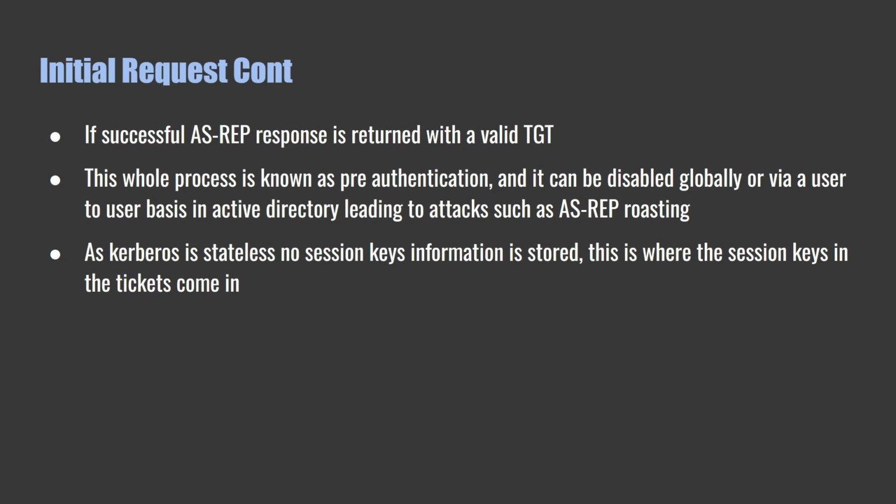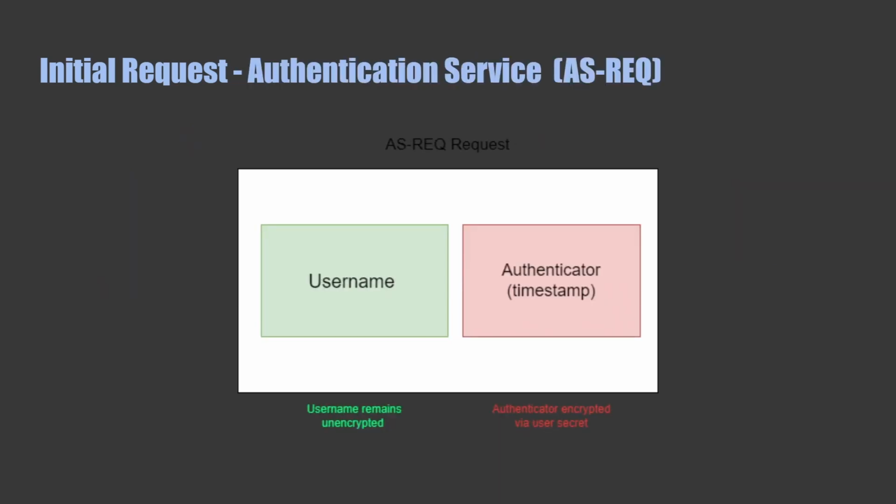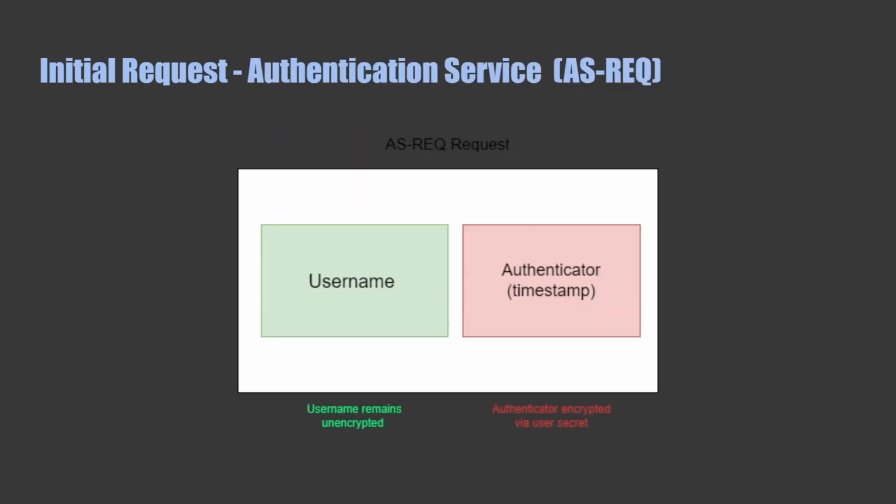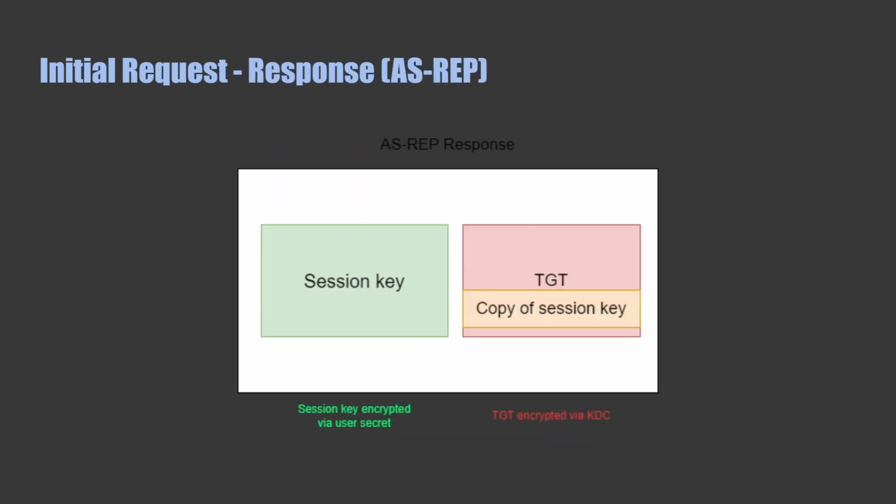Basically, pre-authentication means that you can just send a valid username, and it will always return an AS-REQ response for a valid username. It doesn't require authentication. Now, what's bad about that is that this session key is encrypted via the user's secret key. So if you were to successfully decrypt that, you've essentially gained the user's secret key, the user's password.